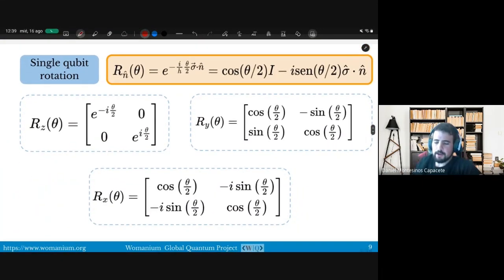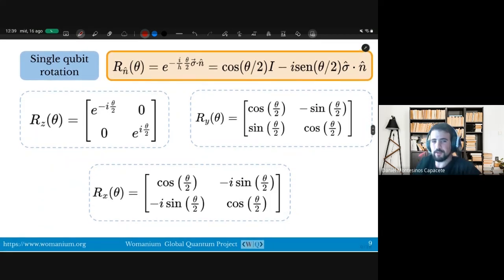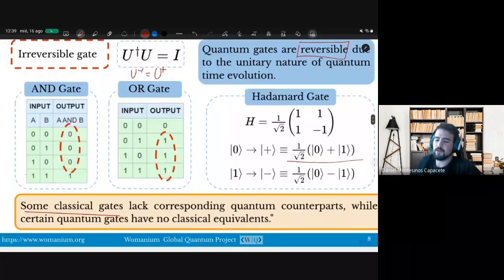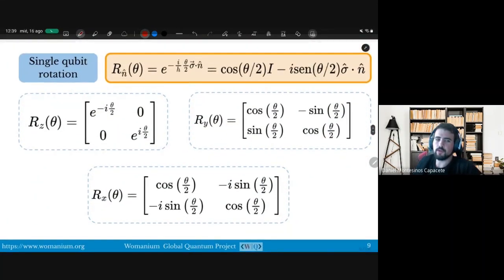A more difficult example of quantum gates: gates acting on just a single qubit are represented by a 2 times 2 square matrix, like the Hadamard gate, the quantum NOT gate, or these single qubit rotations.